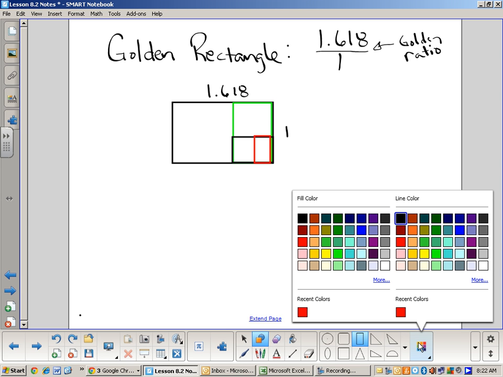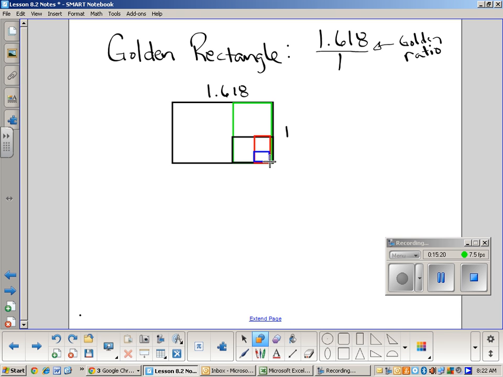And we can break that one up into a square and a rectangle. When I say a square and a rectangle, is anybody not seeing the square I'm talking about?